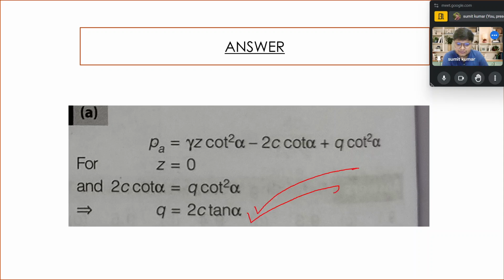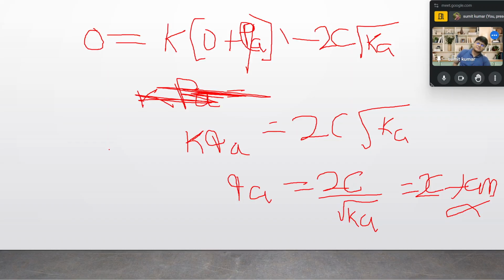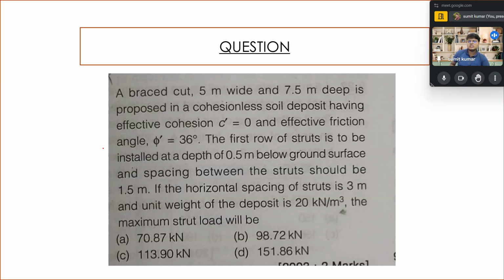Okay. You can see how we have solved it step by step. Now we are moving to the next problem, which is a very important problem in this aspect. It states that a braced cut of 5 meter wide, 7.5 meter deep is proposed in the cohesionless soil deposit, having the effective cohesion C as 0 and the effective friction angle phi as 36 degree.